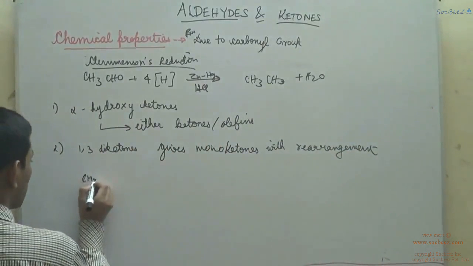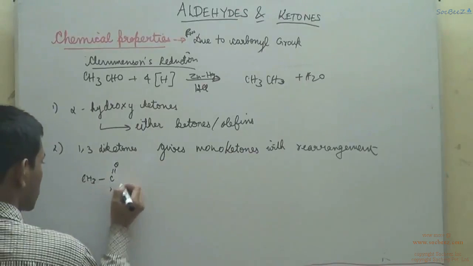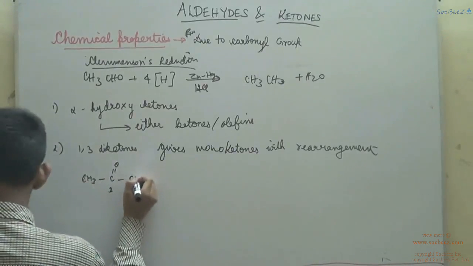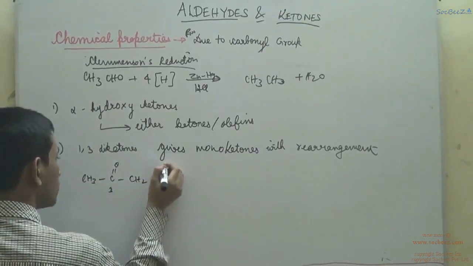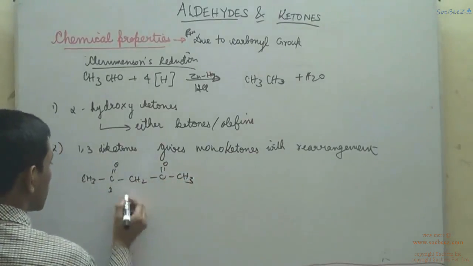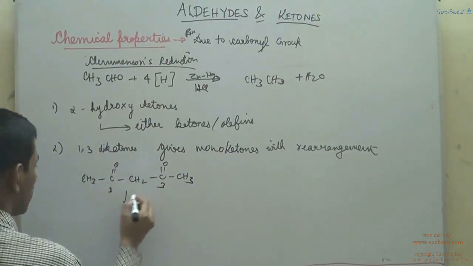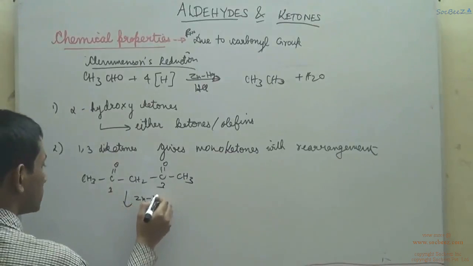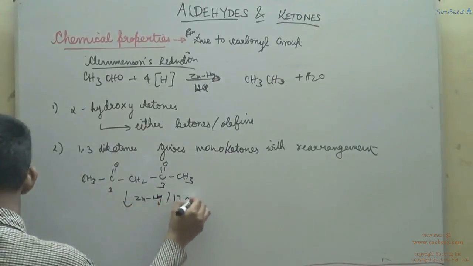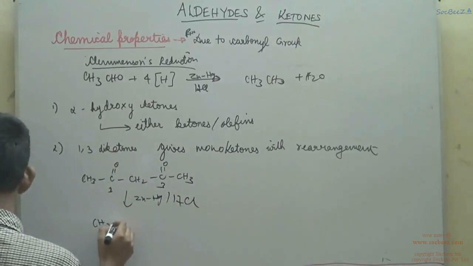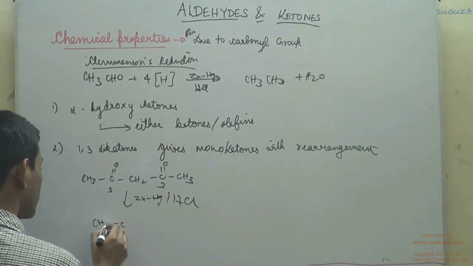Suppose this particular compound, this is a 1,3 diketone, you treat it with ZnHg and HCl, you will get a monoketone, which is formed by rearrangement.